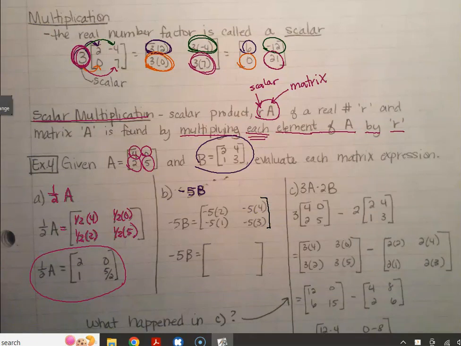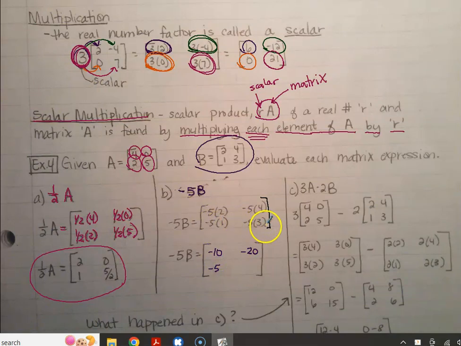Okay, so now I've done that first step for you. I want you to tell me what the answers are. So for this first place, negative 5 times 2 is, good, negative 10. Next, we're going to move to the right. Negative 5 times 4, excellent, is negative 20. All right, second row, negative 5 times 1, good, negative 5.